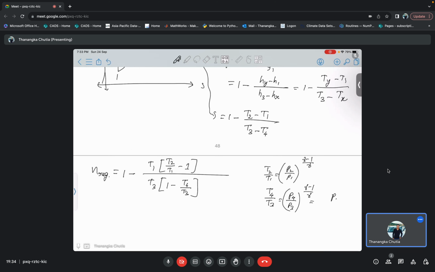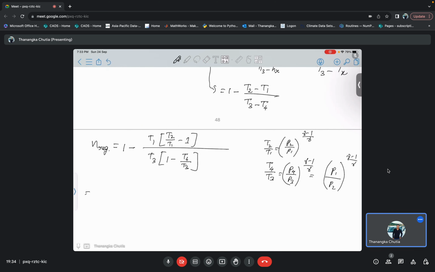P4 is nothing but P1 and P3 is nothing but P2, so (P1 by P2) to the power (gamma minus 1) divided by gamma. Yes or no? So then eta regenerative is equal to 1 minus T1 times ((P2 by P1) to the power (gamma minus 1) divided by gamma minus 1), over T3 times (1 minus 1 by (P2 by P1) to the power (gamma minus 1) divided by gamma). Clear?